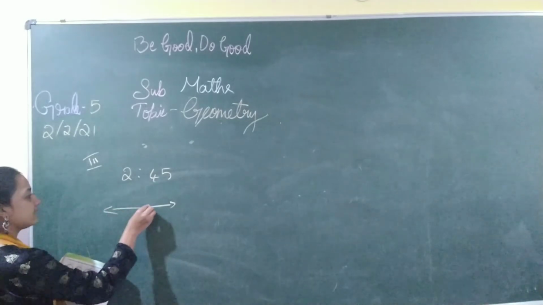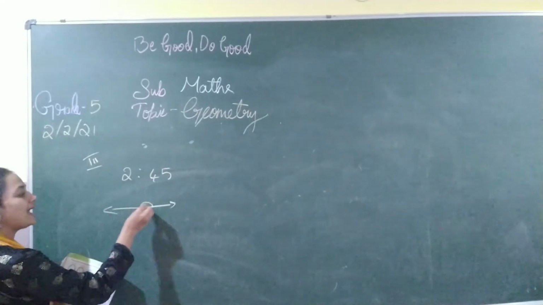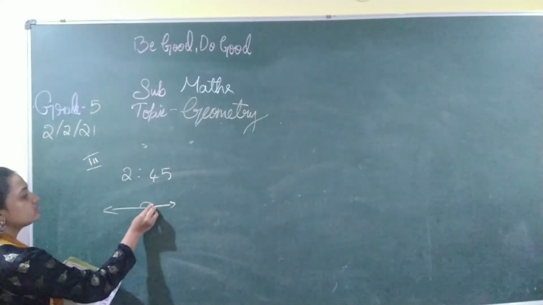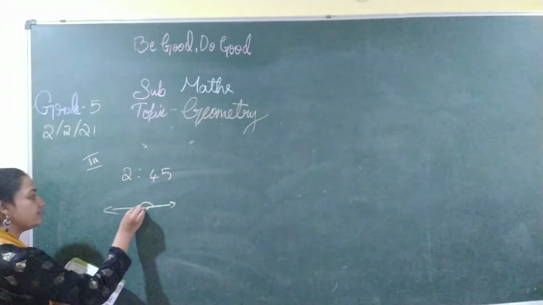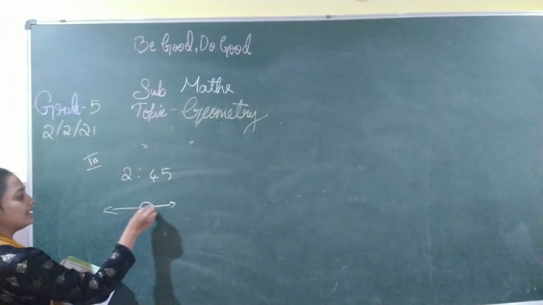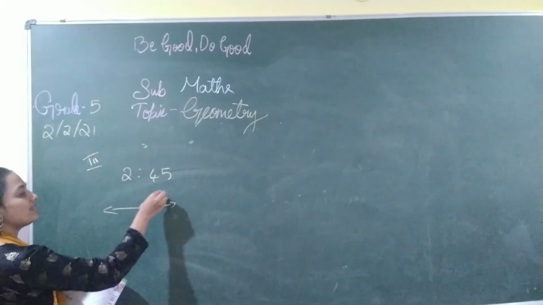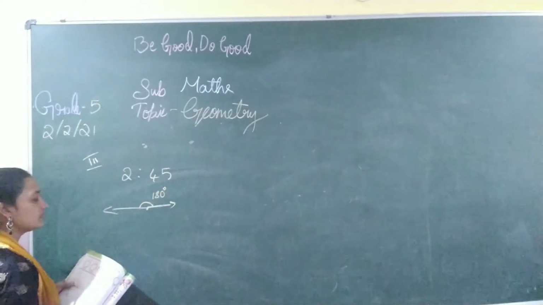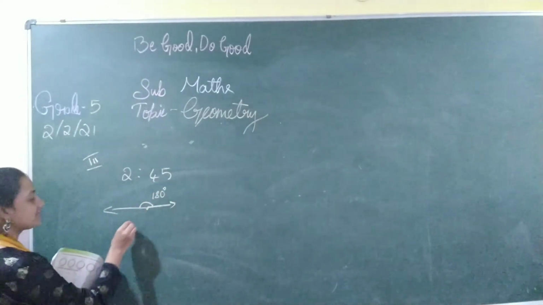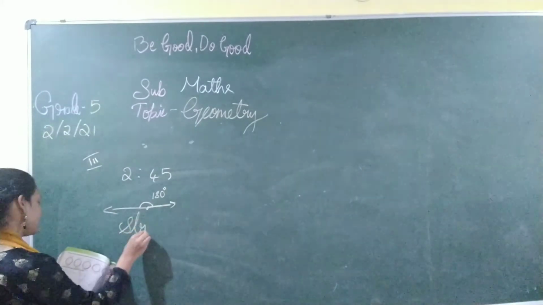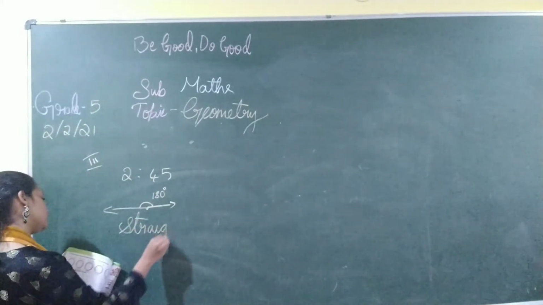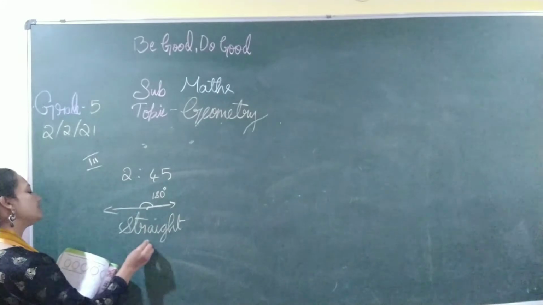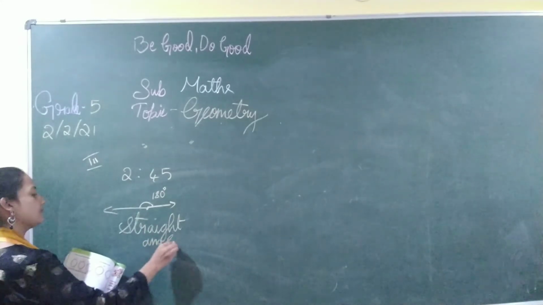This is the bigger hand. So you should take the angle from the red hand. It should start from here and end in the blue line. So what is the angle here? It is straight line, 180 degree, right? So what type of angle is this? This is straight angle. So you write the name as straight angle.